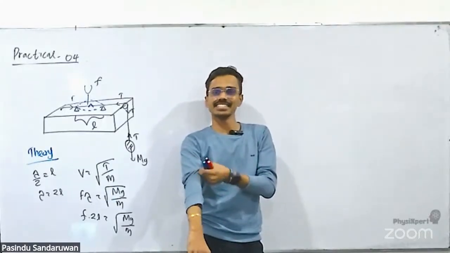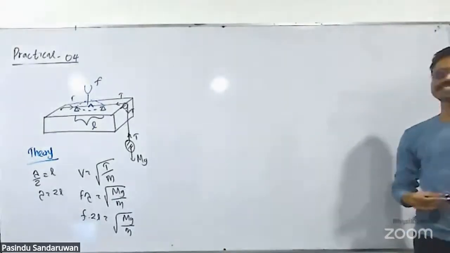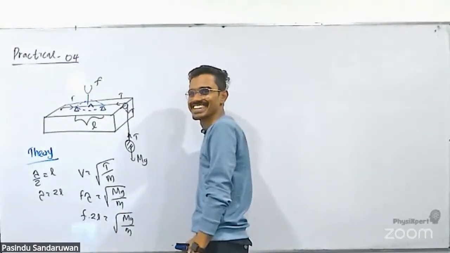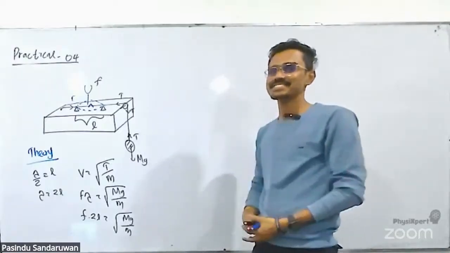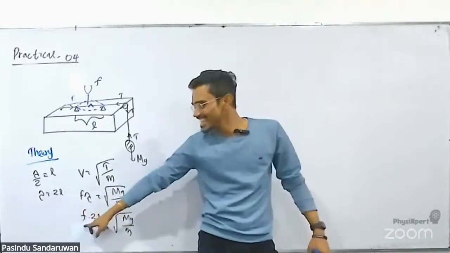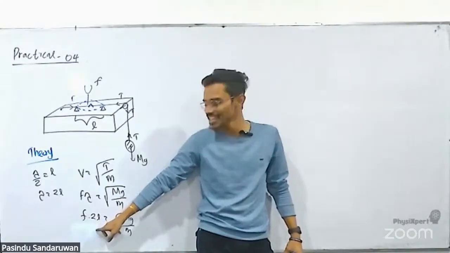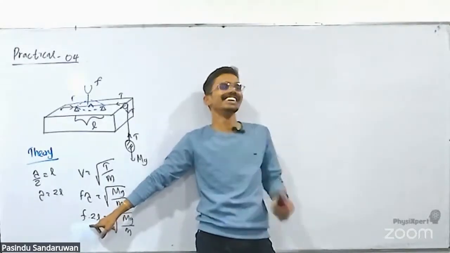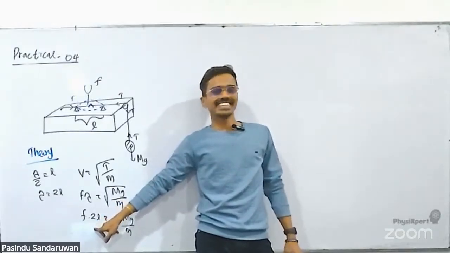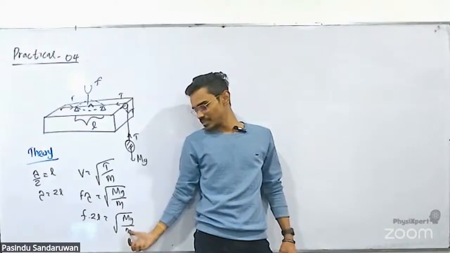Right, f is a variable. What about L? L is a variable. Capital M is a constant. g is a constant. Small m is a constant.